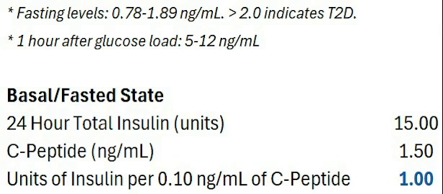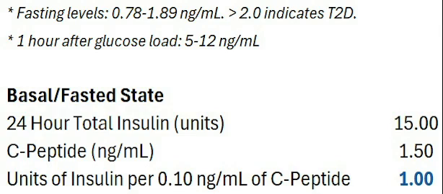But I'm still making the assumption that that's spread out over the course of the day as far as how much total insulin you're taking. So assuming the normal person's body produces 15 units of insulin over a 24-hour period, and the normal C-peptide result for a healthy person would be 1.5, that would equate to 1 unit of insulin for every 0.1 nanograms per milliliter of C-peptide.